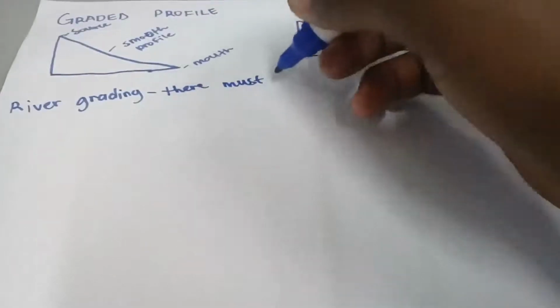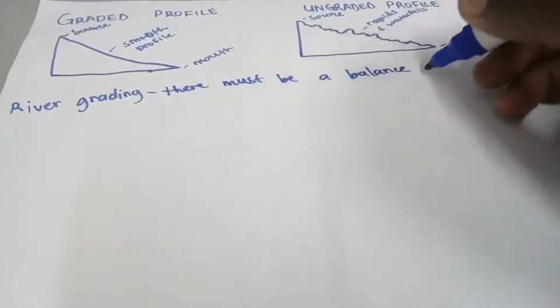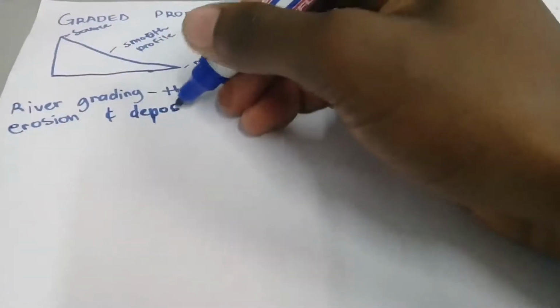River grading: in river grading there must be a balance between erosion and deposition.